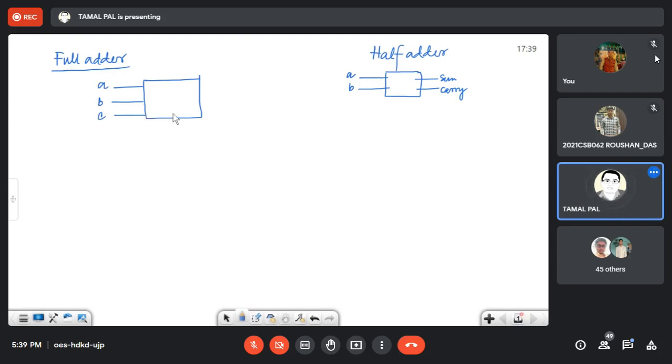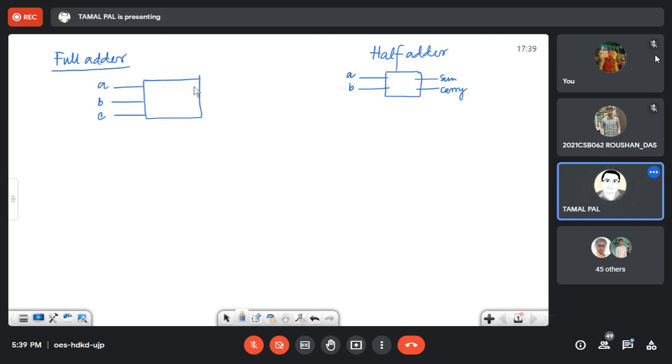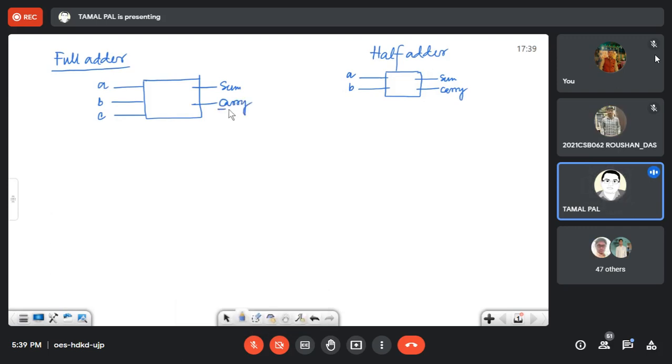In addition, sometimes we have the carry of the first stage added in the carry of the second stage. That's why we require this type of adder. Here we also have sum and carry, but the expressions are different depending on the operations required.